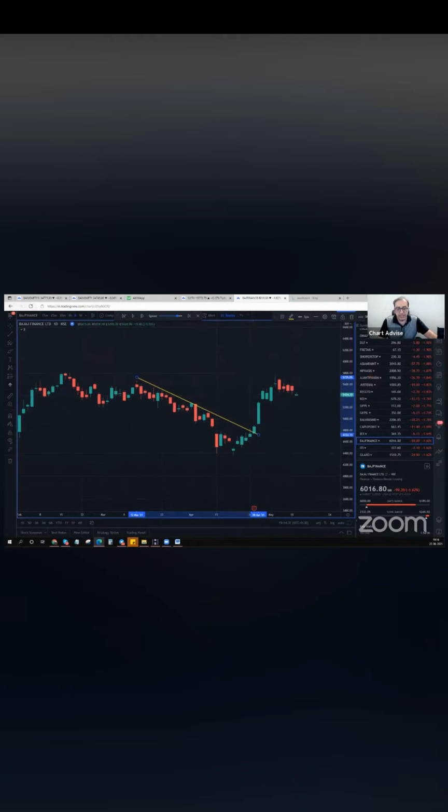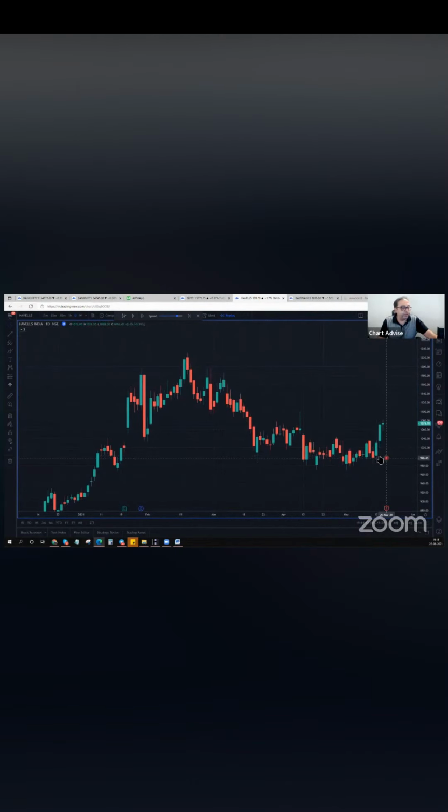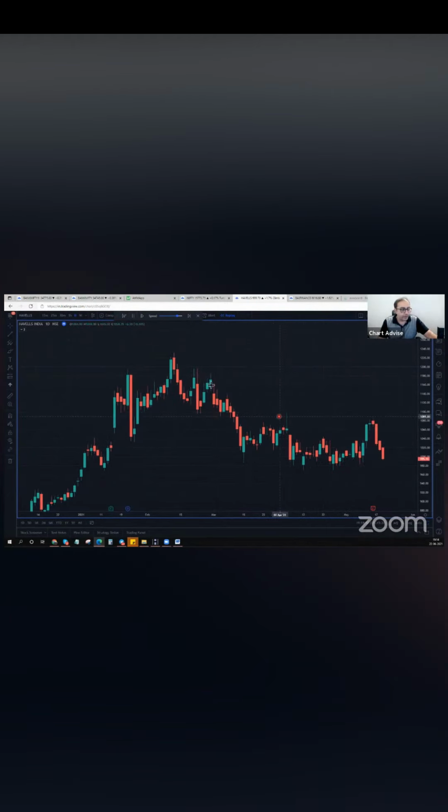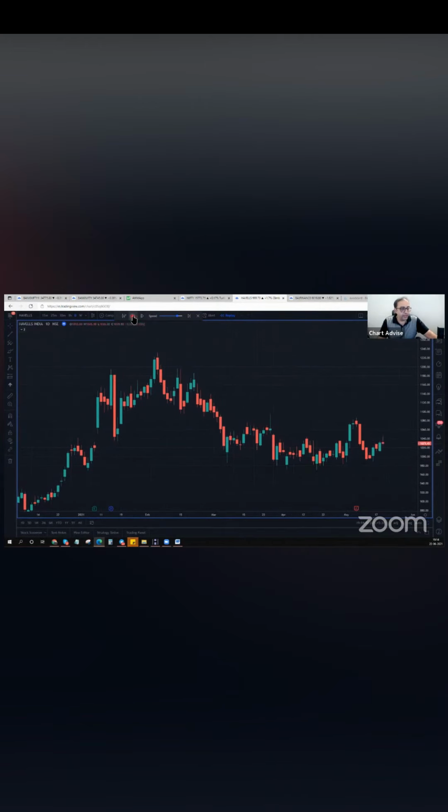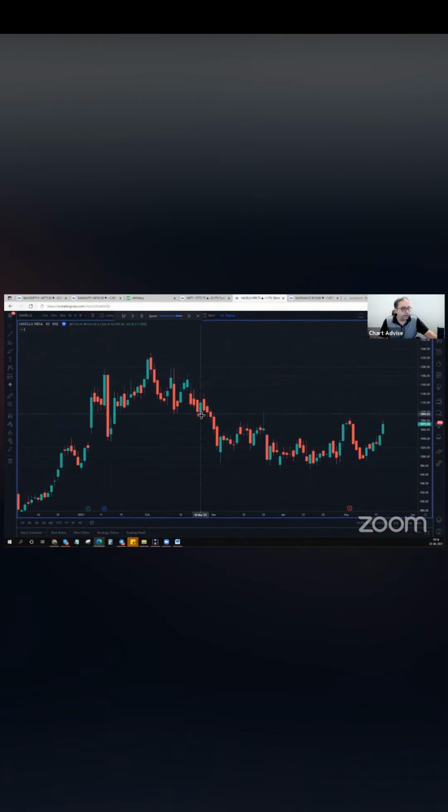I'll show you now one more example where this particular pattern is emerging, and it is about to give you a very strong move. So you can see here this chart of Havells a few days ago rather. You can see here how this particular move is unfolding. You can see that the prices are unable to cross this important level here.